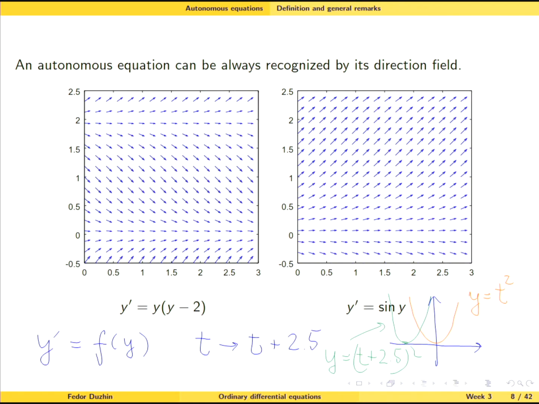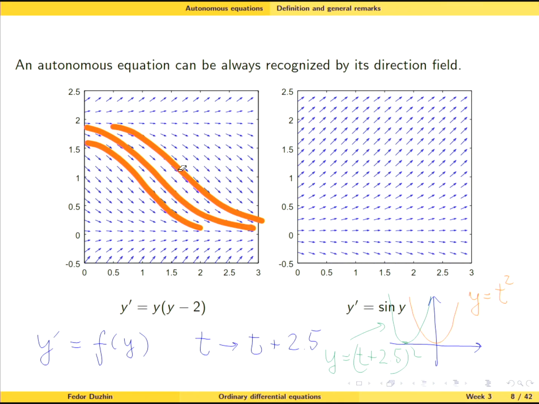So if you have any solution of the autonomous differential equation, then translating it to the right or to the left, you will get another solution. For example, if this is a solution, then translating it to the right, we still get a solution, and translating it to the left, we still get a solution.